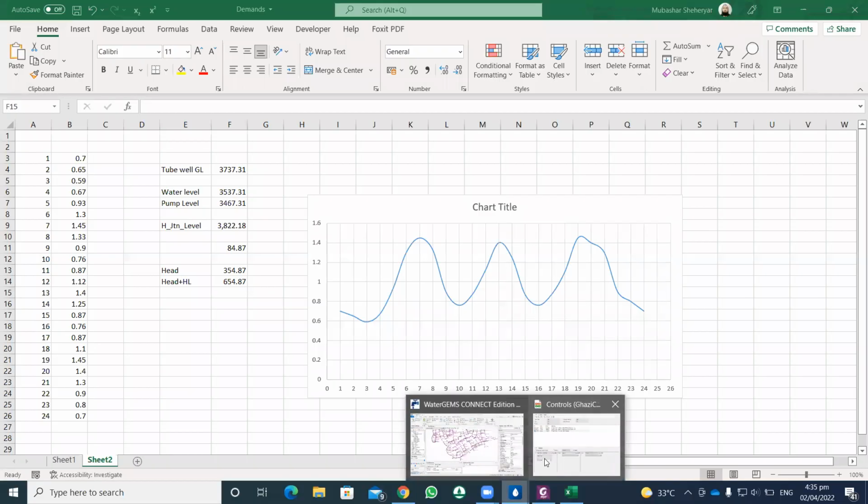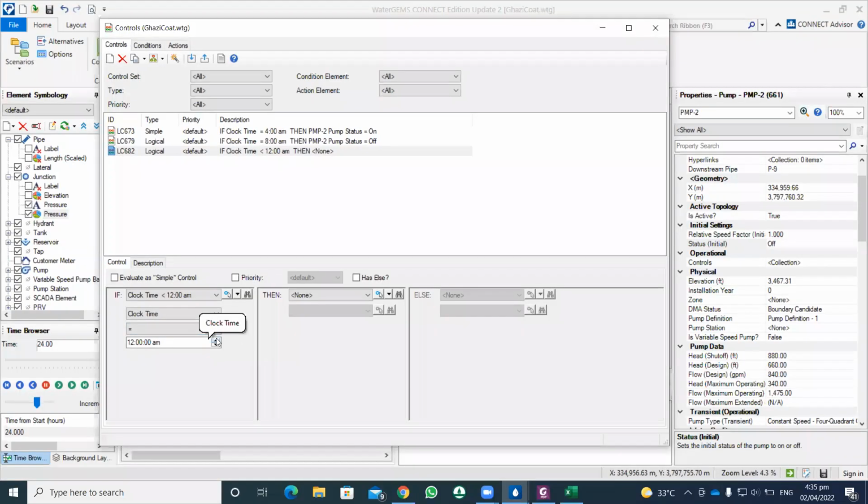So at 11 a.m. I want to open the pump. When the time reaches 11 a.m., the pump will start.